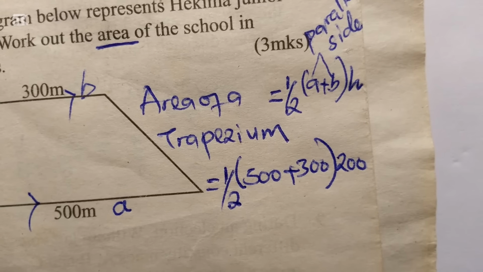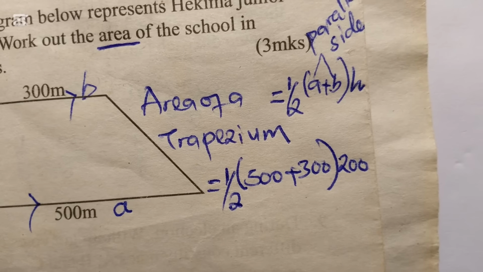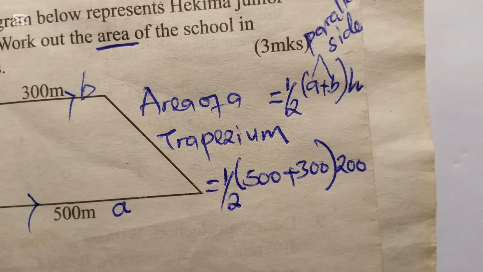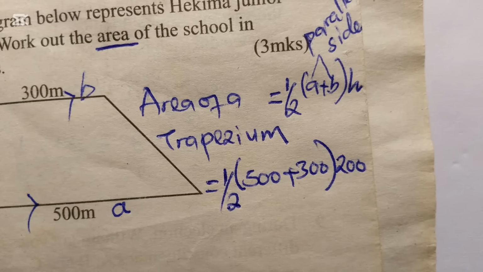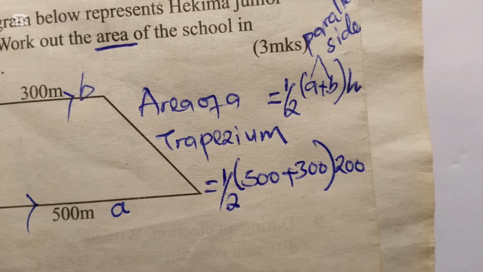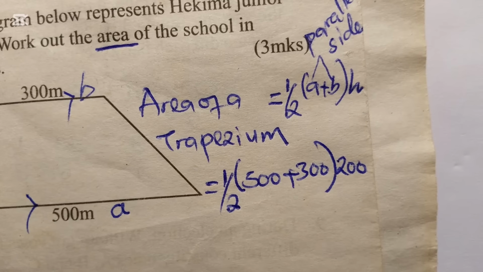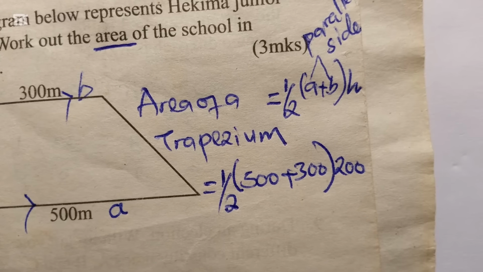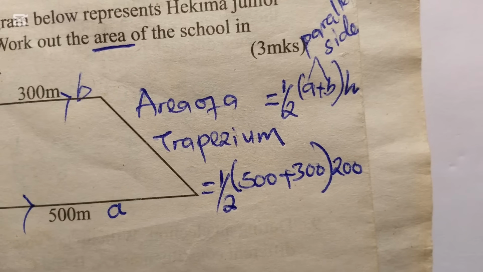What is the mistake this student is making? The mistake is not following BODMAS. First, do away with the brackets. Whatever is inside the bracket, add 500 to 300. Because when you multiply a half by 500 alone, what have you done to 300? You can see that a half is outside and should be multiplied to the two, 500 and 300.